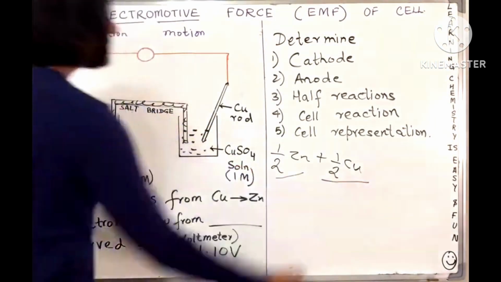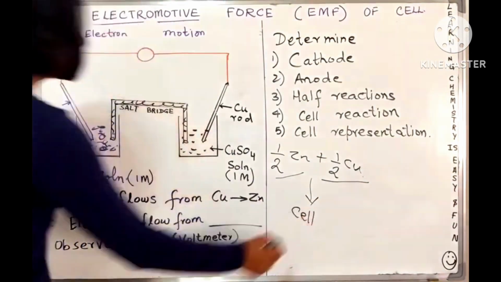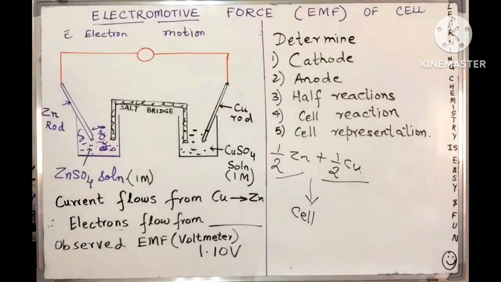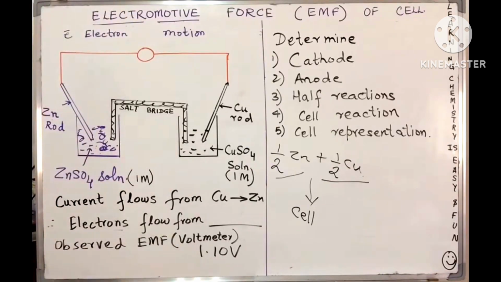Two half cells put together give me a single cell, which we call by different names like galvanic cell, voltaic cell, Daniell cell for this particular example. Now, what causes the movement, and what decides the direction of that movement of electrons and ultimately the direction of current as well, is what we are going to study in electromotive force.